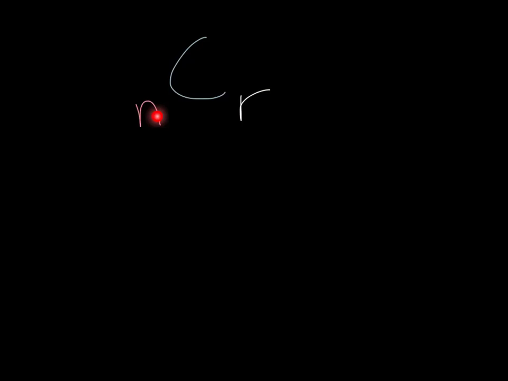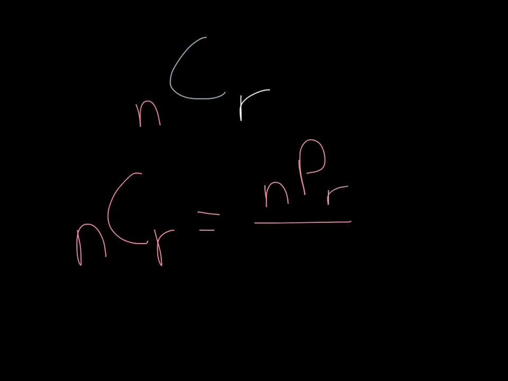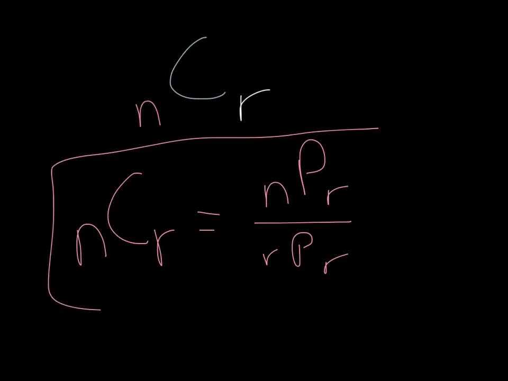You're probably going to want to write it down. If you had NCR, to solve that, you would actually do a permutation, like that, divided by the possible permutations. I know you're going to say, huh? I don't understand what you mean by the possible. But I'll explain that in 1 second. I'll show you on the next slide.